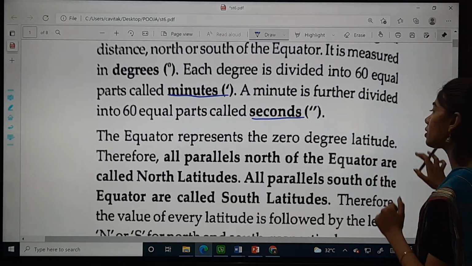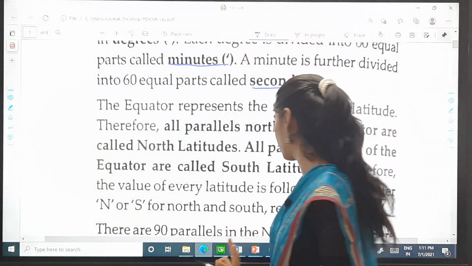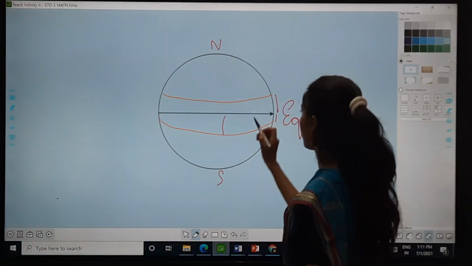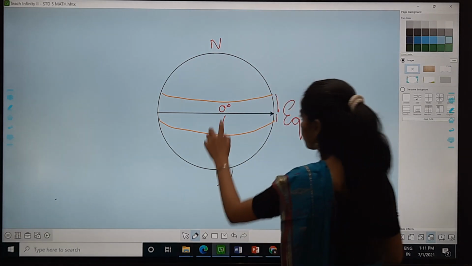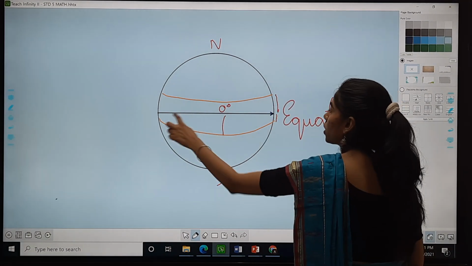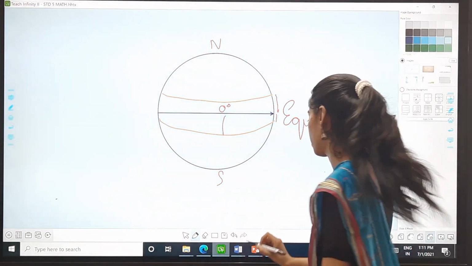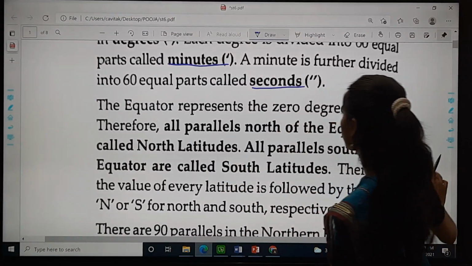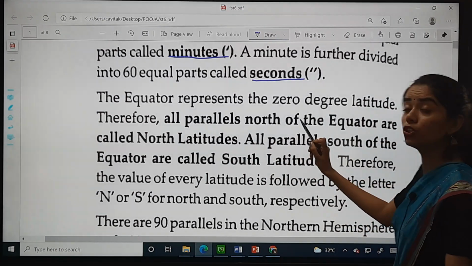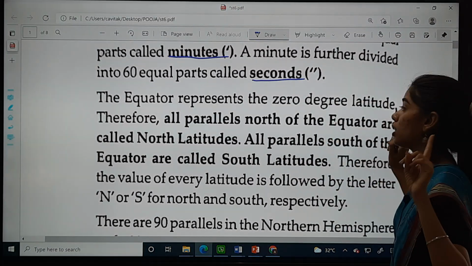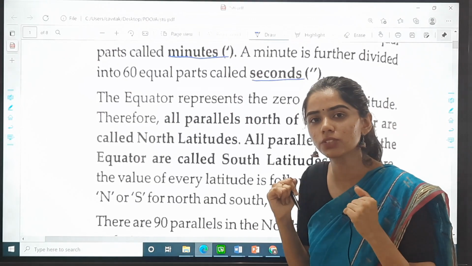Now the equator represents 0 degree latitude. Equator क्या represent करता है? 0 degree. ठीक है, ये जो distance है हमारा equator, that is 0 degree. Now see, therefore all the parallels north of the equator are called north latitudes.